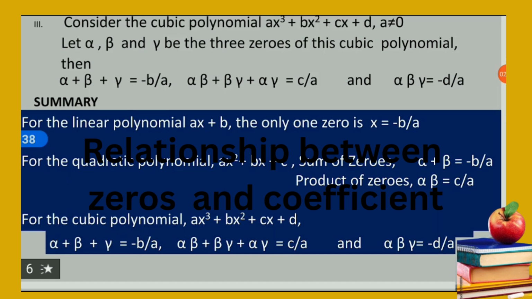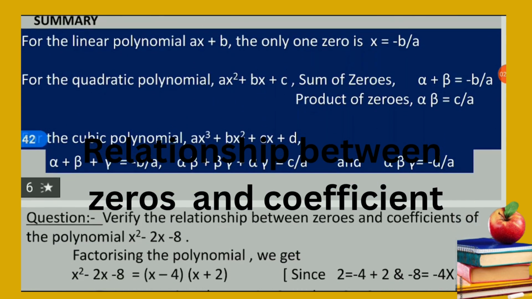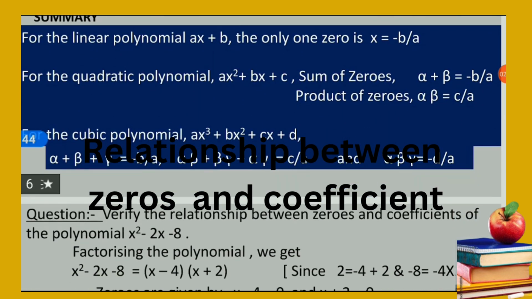And lastly, for a cubic polynomial ax³ + bx² + cx + d, alpha + beta + gamma = −b/a, alpha beta + beta gamma + alpha gamma = c/a, and alpha beta gamma = −d/a.